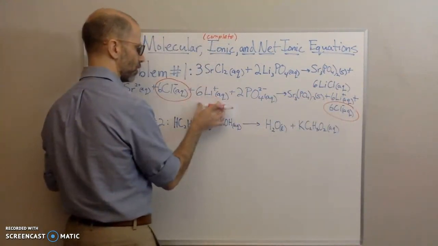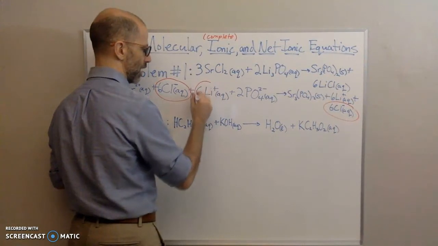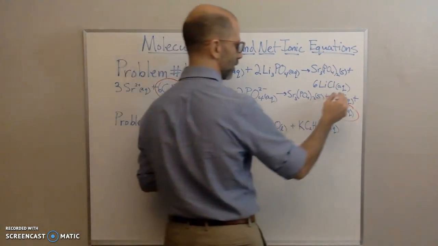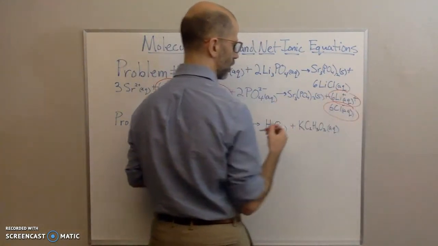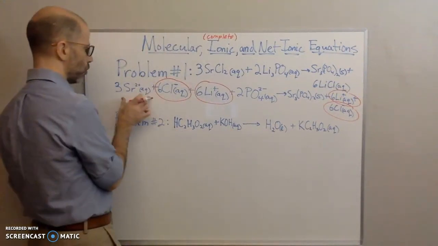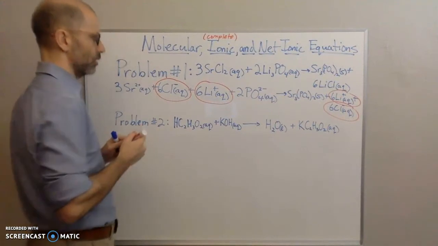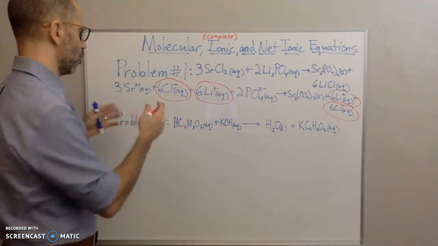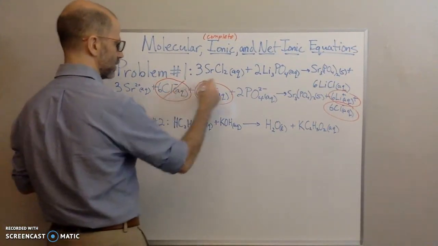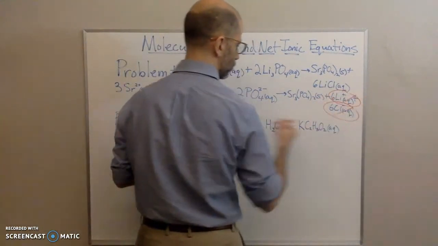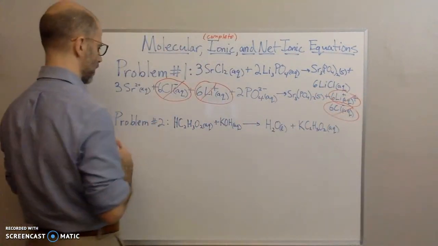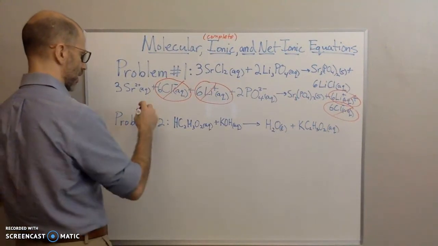They're floating around before and after, so they're just spectating. Those are your spectator ions. What's left over are the 2 players in your reaction. So we're going to eliminate the spectator ions, take those out, and whatever's left is the net ionic equation.